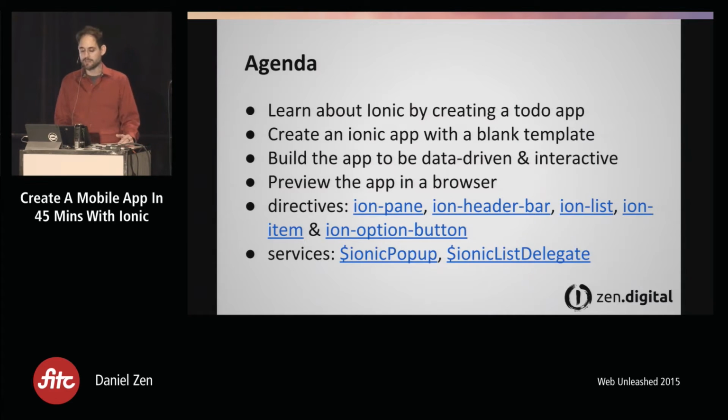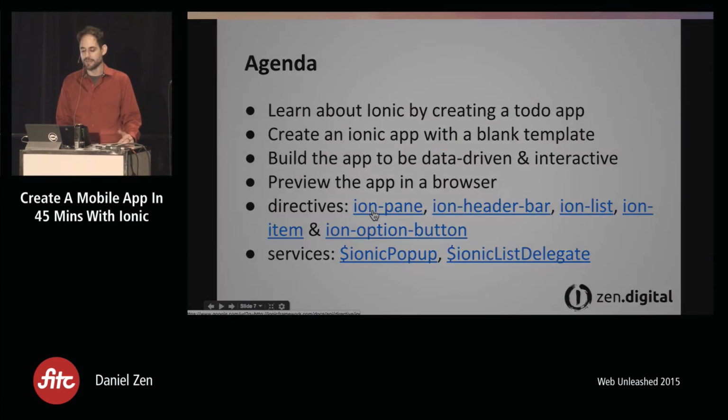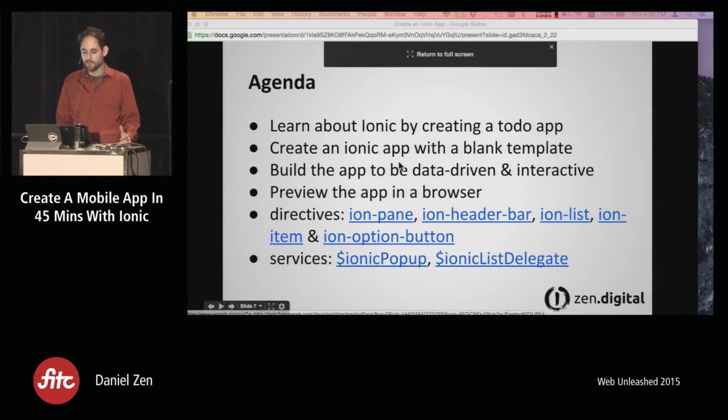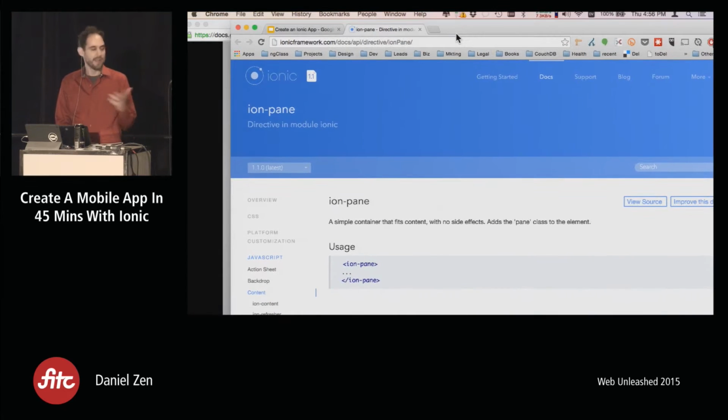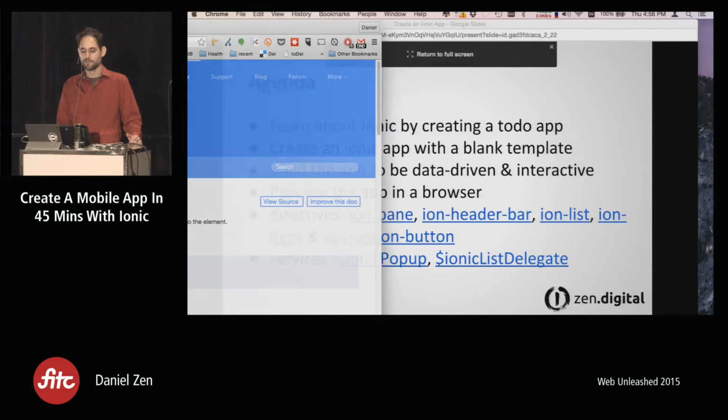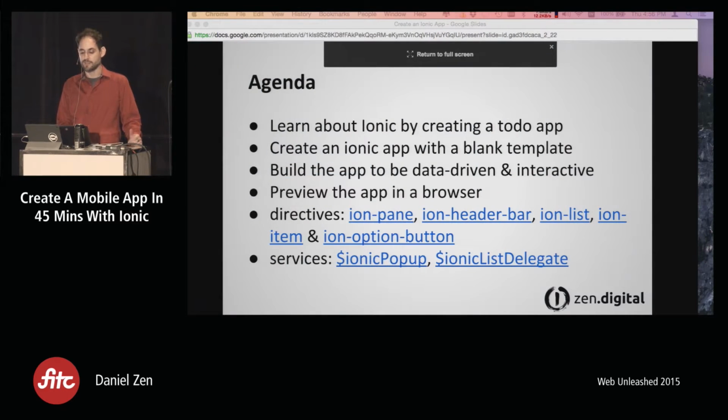And I created links here to all of these items so that if you wanted to, you could go and look at the documentation yourself. So everything here is hyperlinked, so that you can just go and read the documentation. So this is not just a presentation. This really is a tutorial of sorts that you can use later.